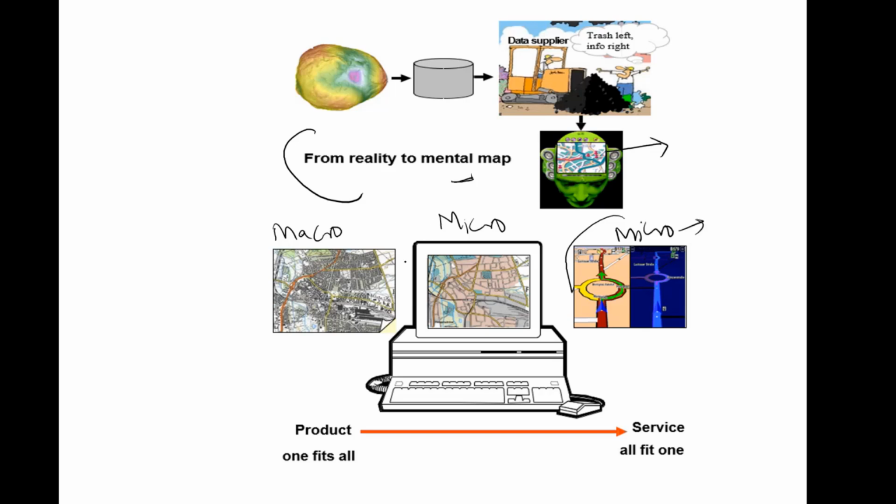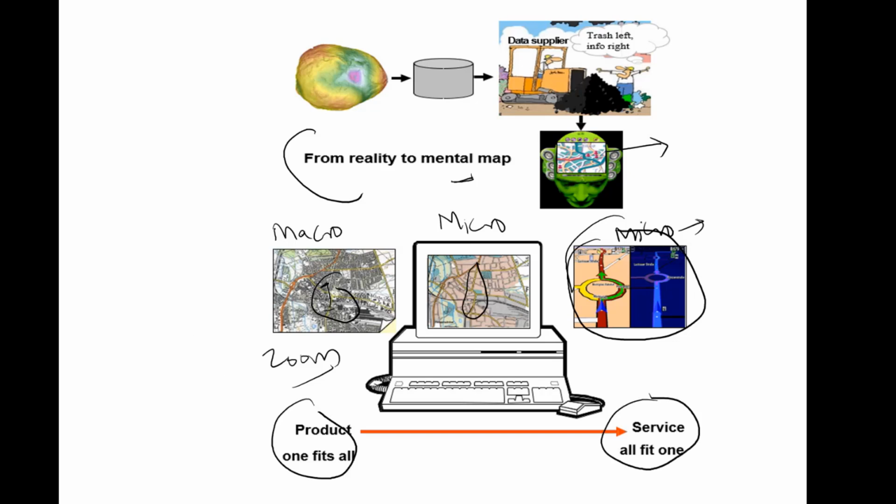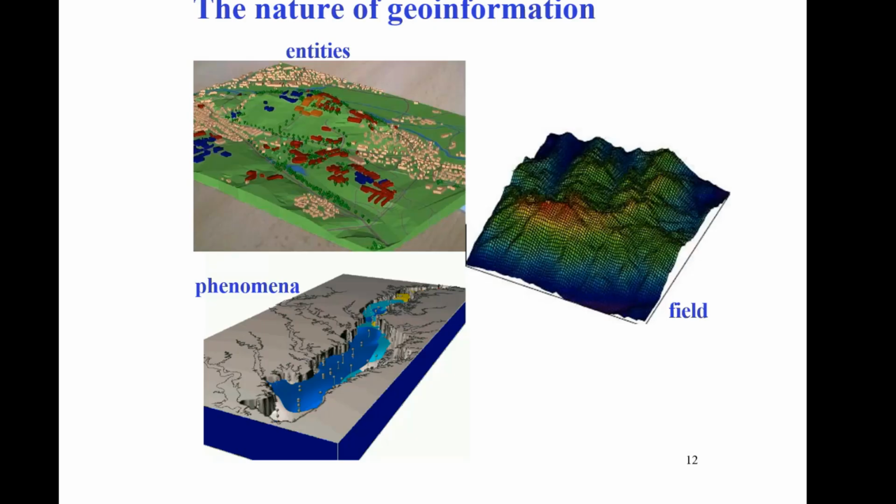For example, we are trying to go through that specific route from here to here, and when we zoom in a bit, we reach that specific location. When we zoom in on that spot more, it looks like this. So this is one of the products which is for all and could fit within each and every scenario.